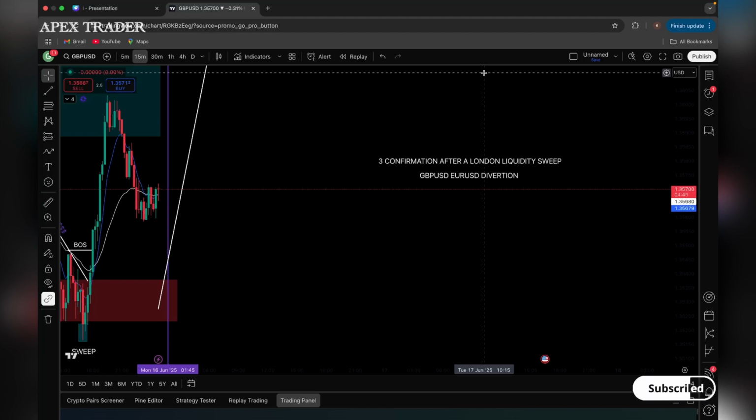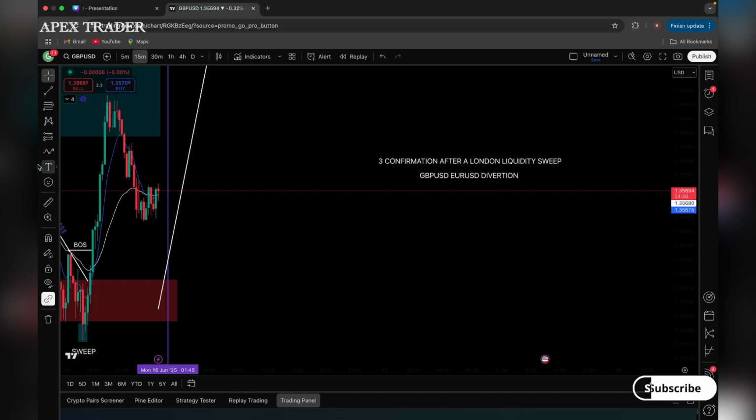If GBP has moved 500 pips and EU only moved 250 pips, 250 pips are remaining. You will get that 250 pips. You have high chances. But GBP has already moved, right? So that doesn't make sense.